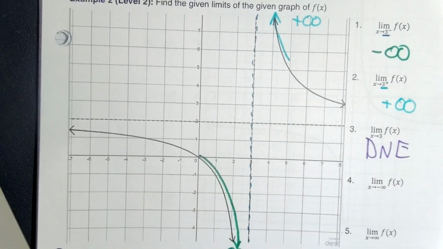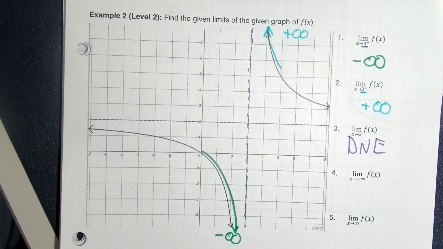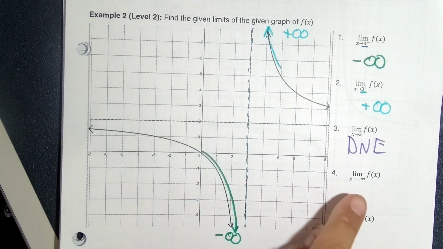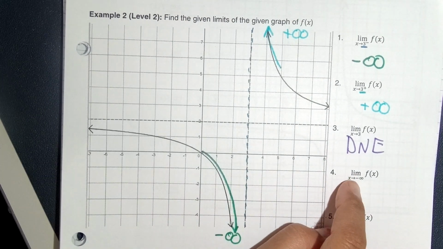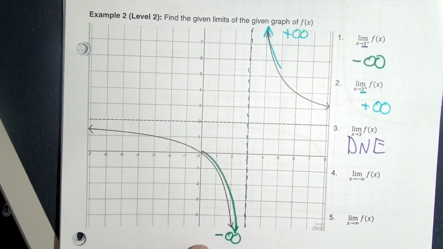All right. Last 2. And this is where students get confused, and it's okay because this is the first time we're working really with infinity. Students will see x approaches negative infinity and think, oh, this is going to negative infinity, so it's negative infinity.